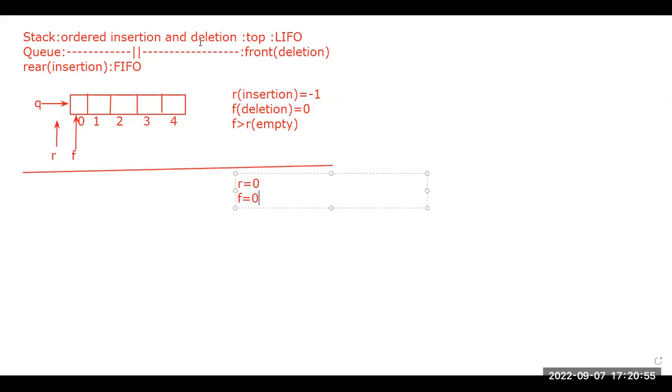So now how exactly will the elements look? Assume that this is your array, I mean queue. Directly I'll write the elements. Here I have inserted 10.